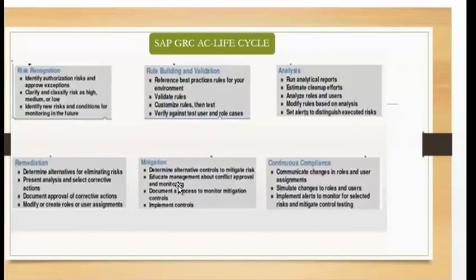Mitigation is a process in which the impact of the risk is lowered by accepting the risk, accepting the fact that yes, we know the risk, but we cannot remediate it because of so and so reason, and that is why we are mitigating the risk.